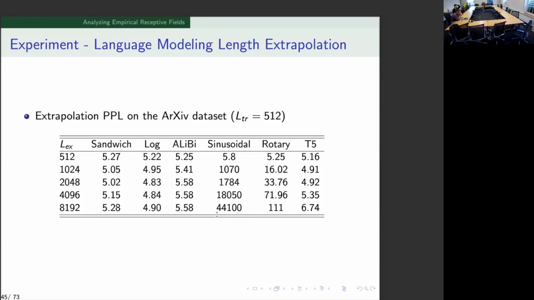But in some ways, I personally feel this is probably not a common way of thinking. I think generalization across length maybe should refer to actually being able to reduce perplexity significantly as you see much more context, right?